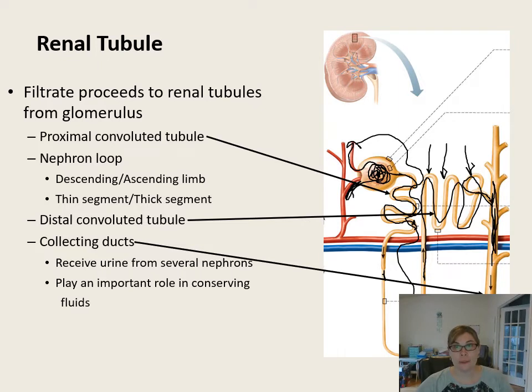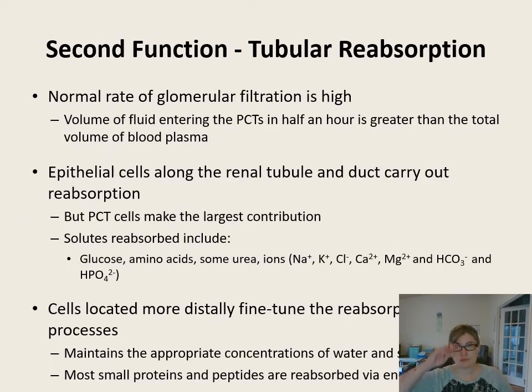Looking at this picture, the lines that you see in the renal pyramids are collecting ducts. They're going to dump into a calyx, and then into the pelvis, and then down the ureter. All right, that was our filtration.